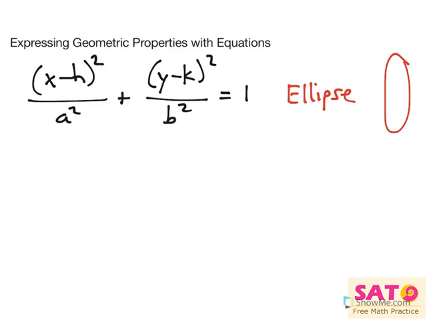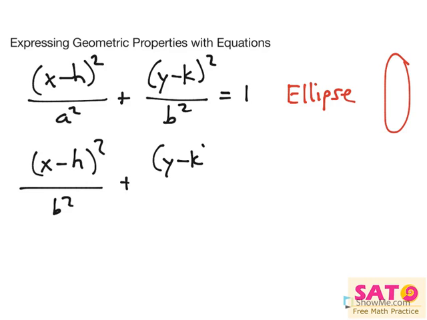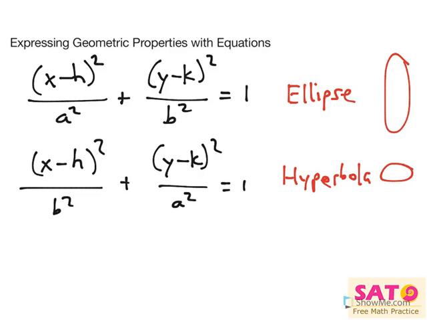And the next one is a hyperbola, which is very similar, except for one important difference. This would be a hyperbola, which looks more like this on a plane. And the difference is that these two are switched, and that makes a key difference. It rotates the whole thing onto its side.